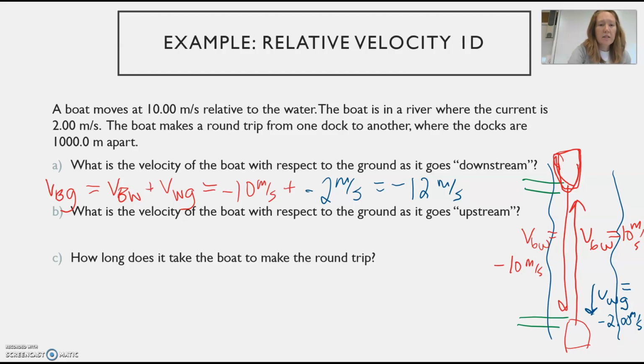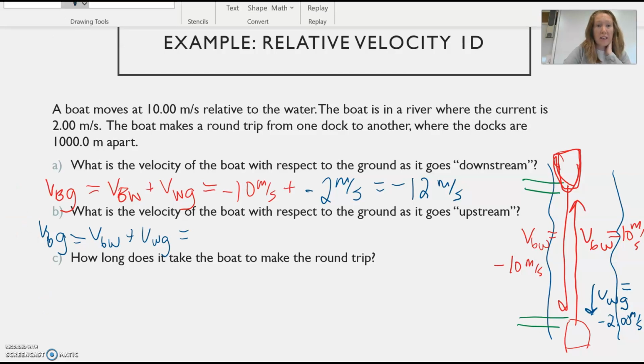Then as it goes upstream, let's write that. It's going to be the same equation. Let me write that again. Boat with respect to water plus water with respect to ground. But now the boat has changed direction, so now it's going against the current. That's what upstream means.